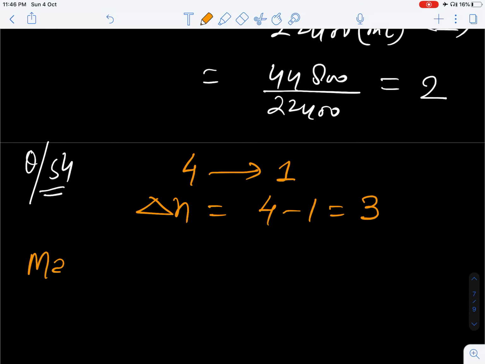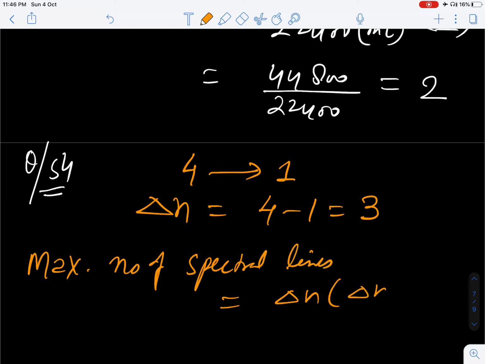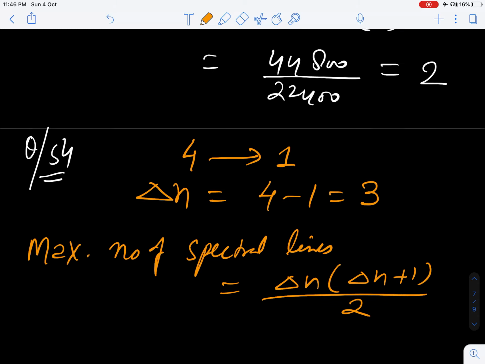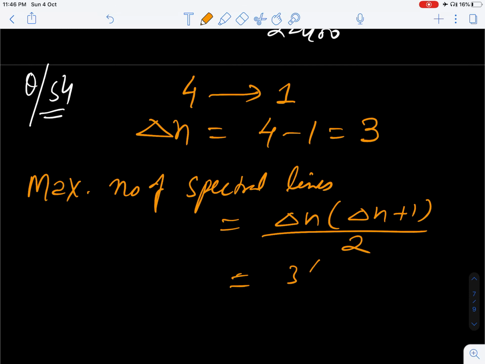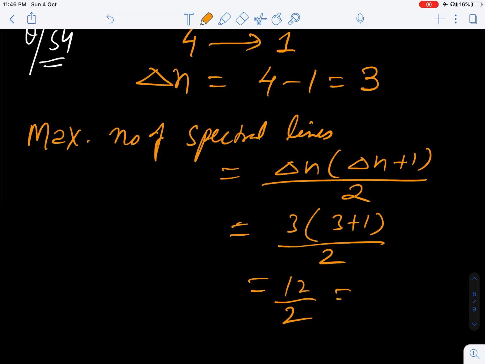We know the formula for the maximum number of spectral lines is delta n into delta n plus 1 divided by 2. Delta n is 3, so 12 by 2, that is 6. So the correct answer is 6.